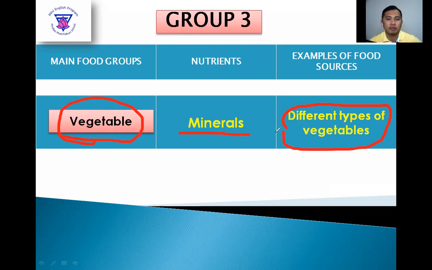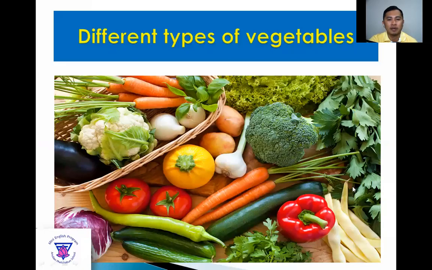I will show you some examples of food sources. These are the different types of vegetables. What can you see in the picture, students?